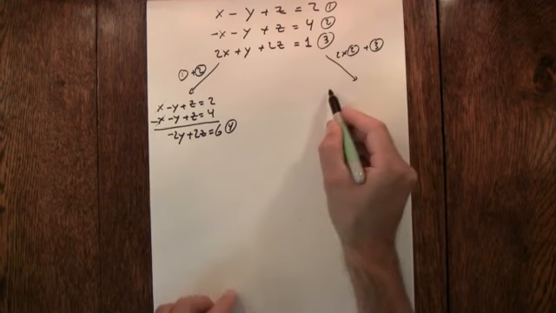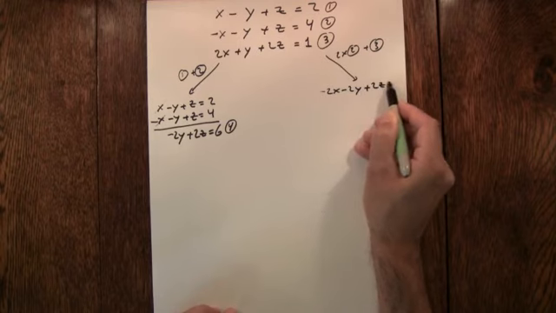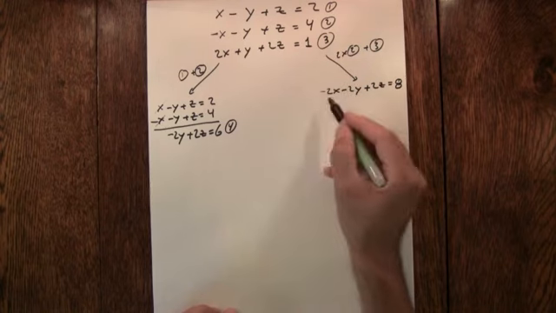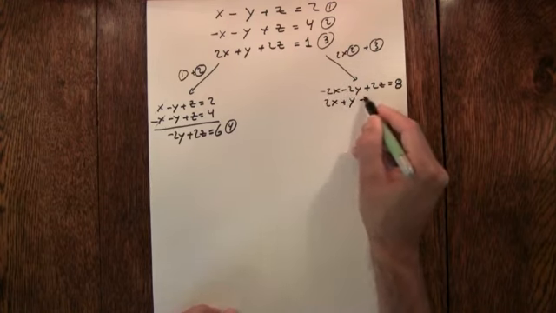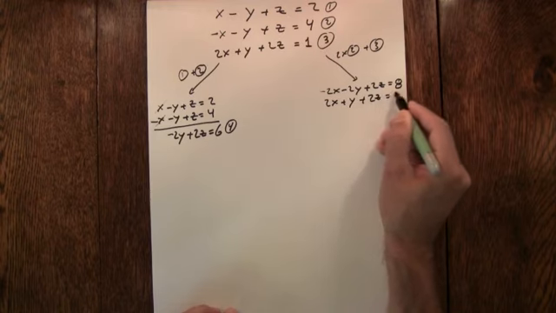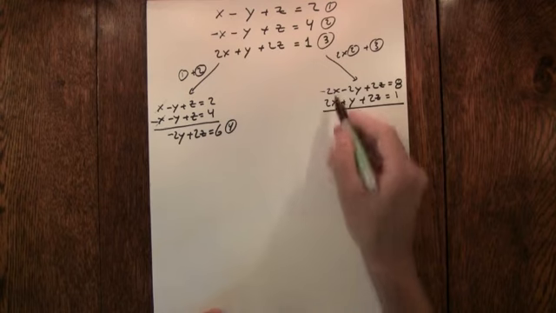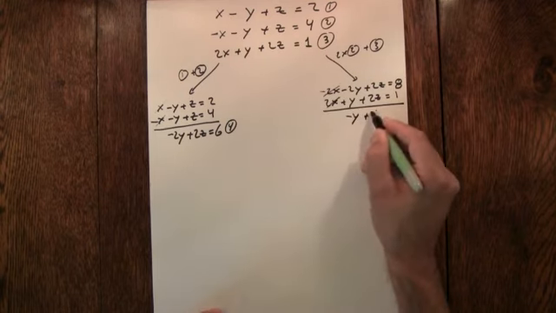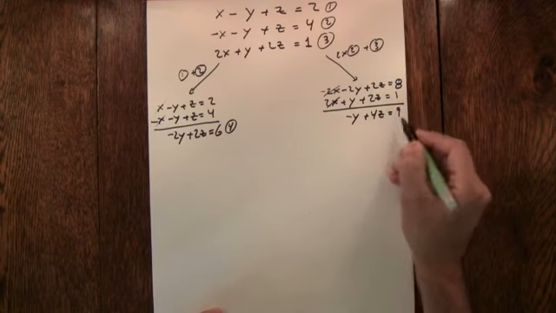So this is going to be negative 2x minus 2y plus 2z is equal to 8. And I'm just going to write down equation 3 by itself. 2x plus y plus 2z is equal to 1. And I'm going to combine these two guys. If I combine them, this guy kills that guy. This is negative y plus 4z is equal to 9.